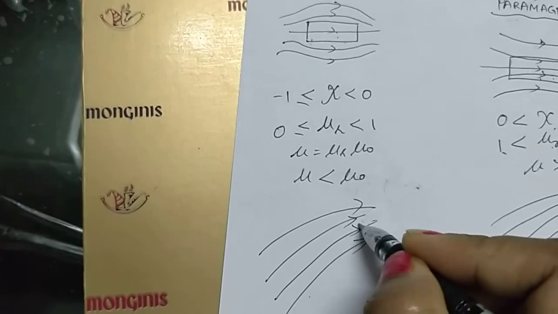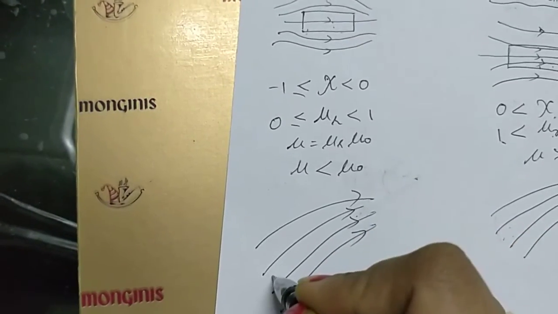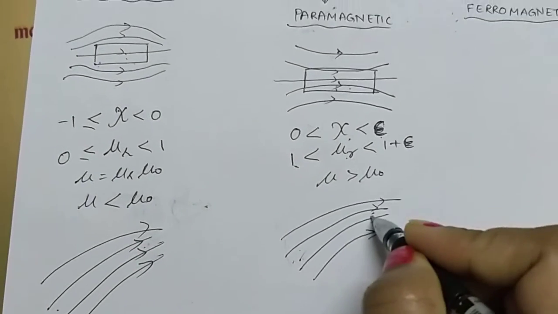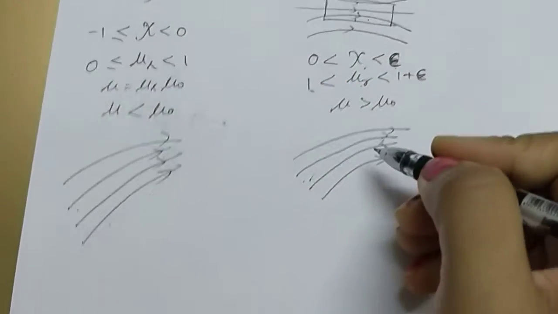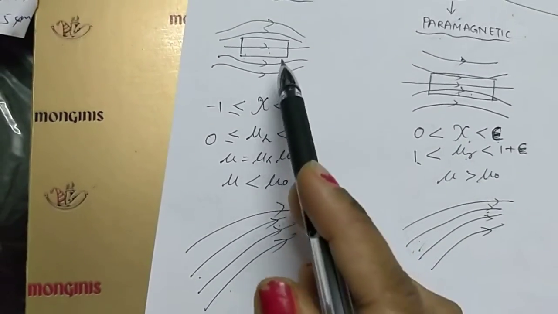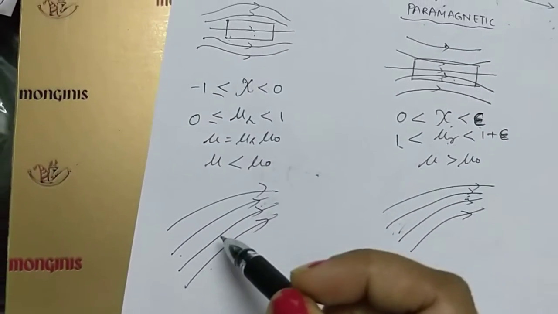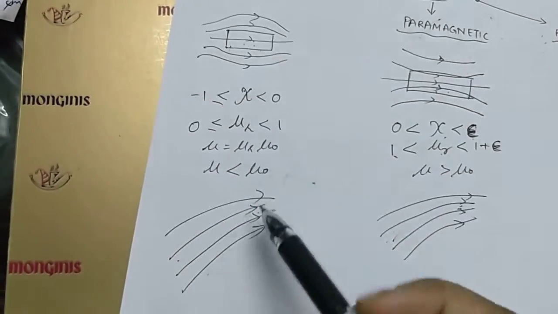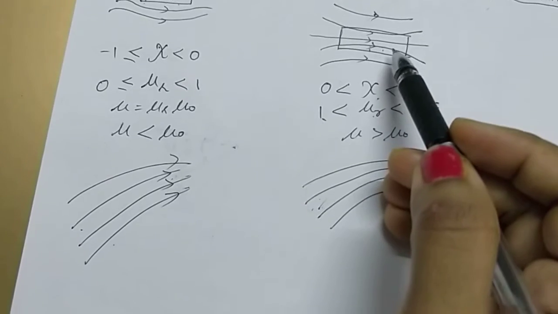It will move from strong magnetic field region to weak. If you take a magnet near a diamagnetic material, it will repel it. But here it will be slightly attracted.